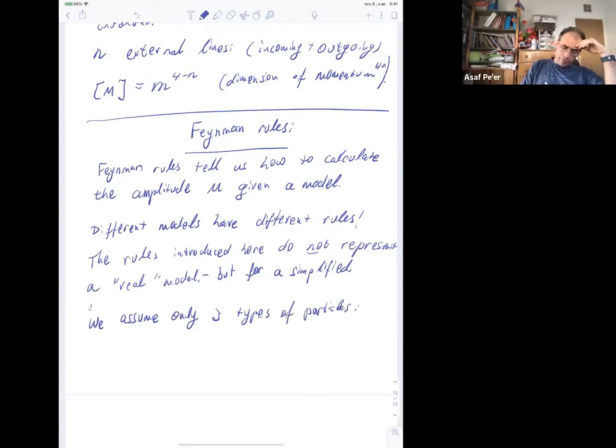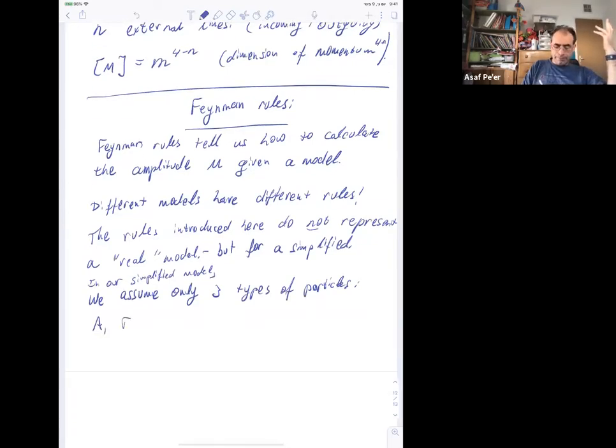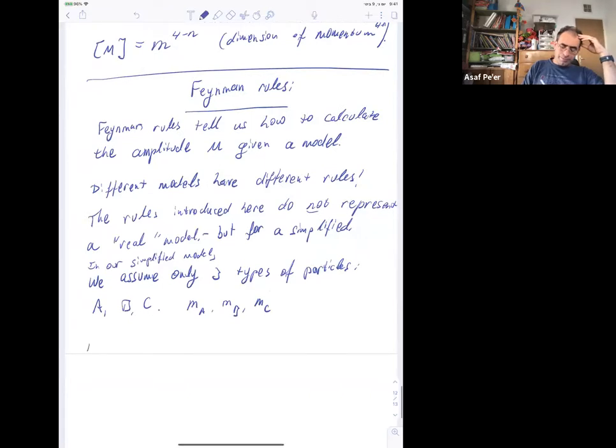Let's call them A, B, and C, and they have 3 different masses: MA, MB, and MC. They all have spin 0. And of course, each one is its own antiparticle.